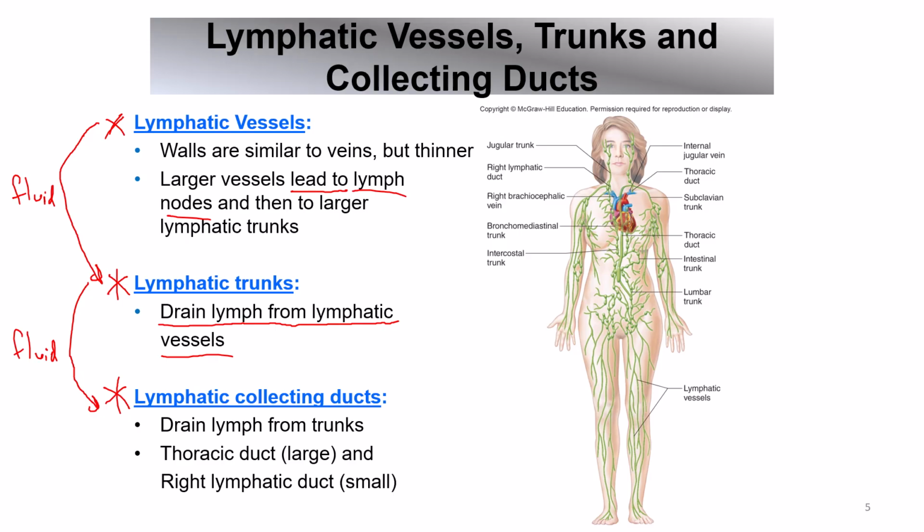Know that there are two lymphatic collecting ducts. We have the thoracic duct and the right lymphatic duct. We can see on the picture the thoracic duct is this thick one, and the right lymphatic duct is more on the right side of the body, and this one is draining the fluid from the right arm and the right side of the brain.